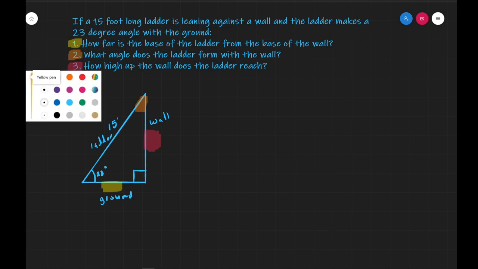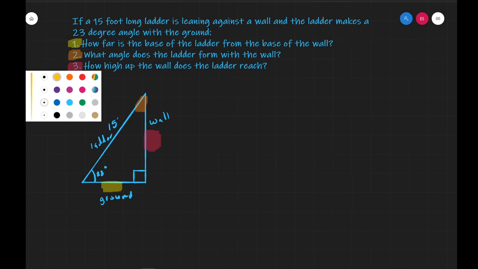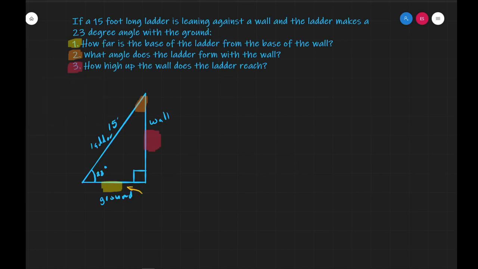So first, let's see if we can figure out how far the base of the ladder is from the base of the wall. This space right here, we're going to call x. So if we are looking at our 23-degree angle, we have x, which is our adjacent side, and 15 feet, which is our hypotenuse.